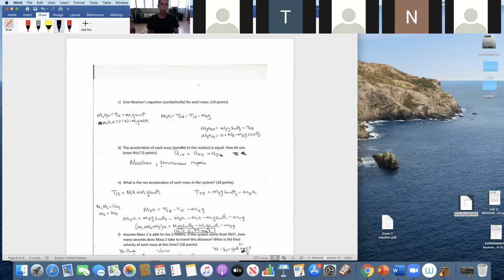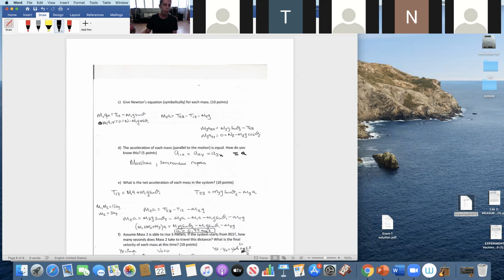Otherwise, we couldn't do the problem the way we're doing it. Then I asked, what is the net acceleration of each mass? Well, for now, you would go back and look and make sure it doesn't say constant velocity anywhere in the problem. And then just solve this for T12.